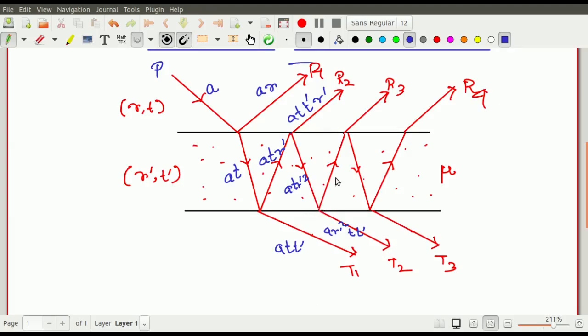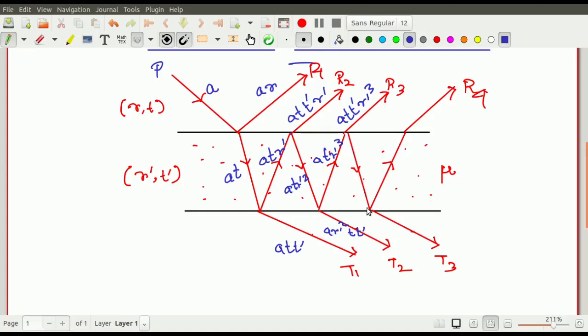From here it is reflected upward, so this will be a t r dash cube, and then a part is transmitted. Then another part is transmitted, so a t dash will definitely be there, and another part is transmitted, r dash cube, that is transmitted, fine.